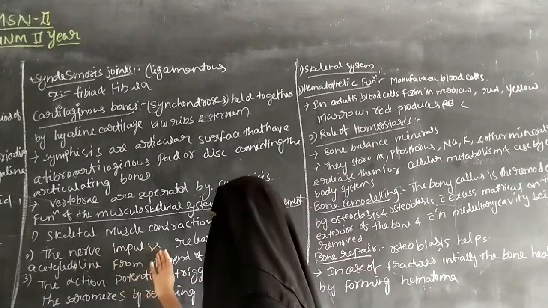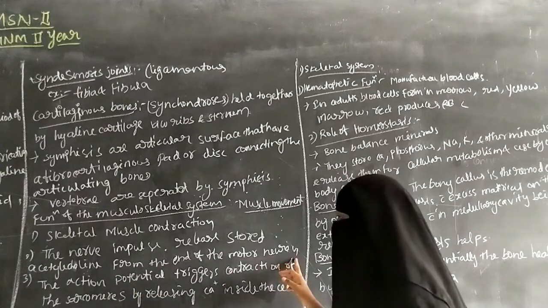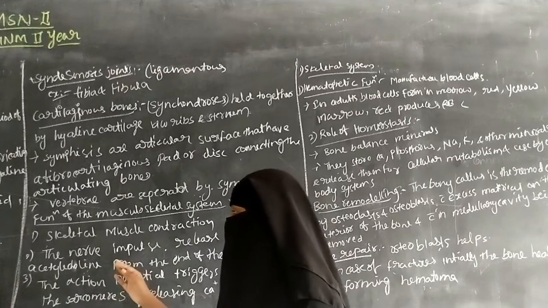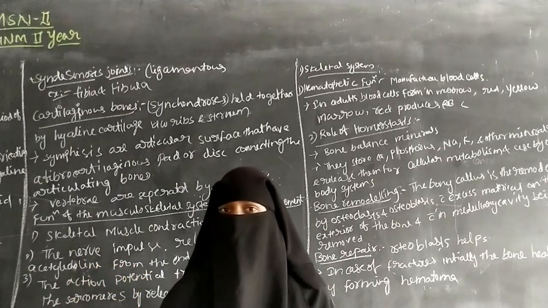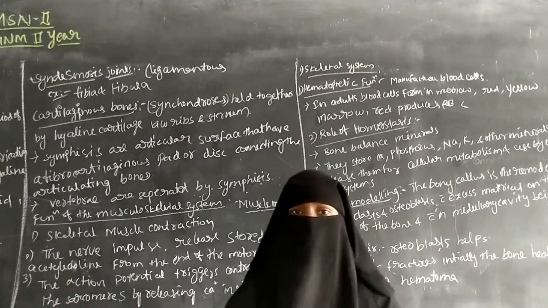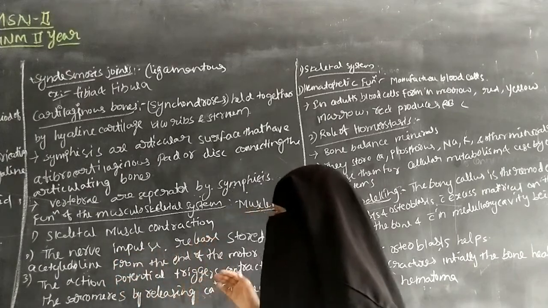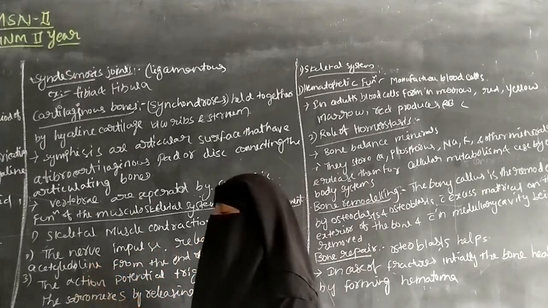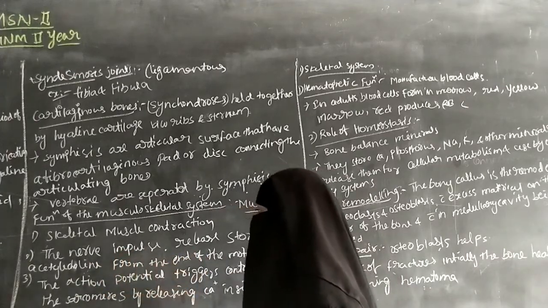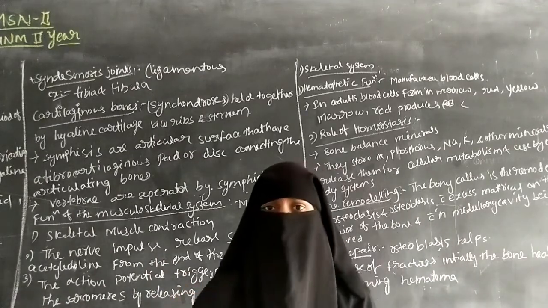A nerve impulse releases stored acetylcholine from the end of the motor neuron. Acetylcholine is a chemical messenger, a neurotransmitter. It sends the nerve impulses, the signals, between the brain and the muscles, and because of the nerve impulses movement can occur.